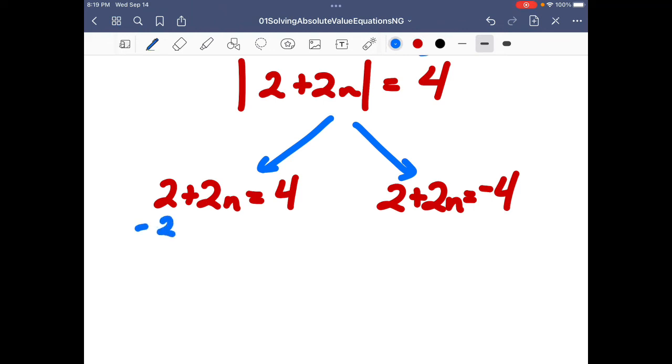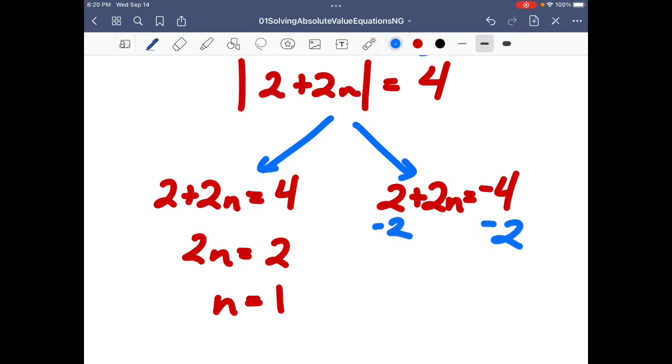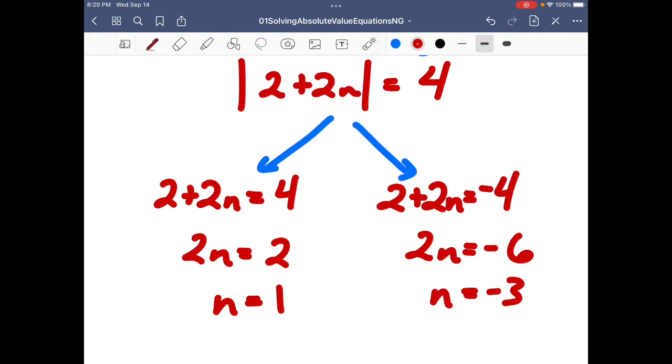Subtract 2. Don't really have to show that, but subtract 2. It's just going to give you 2. Of course, if 2n equals 2, n equals 1. And then over here, same thing, subtract 2, except we're subtracting it with a -4, so that's actually going to become a -6, right? And then divide by 2, we get -3.